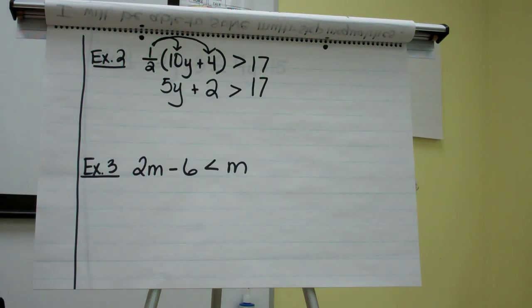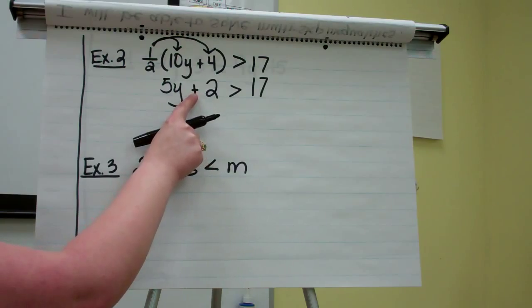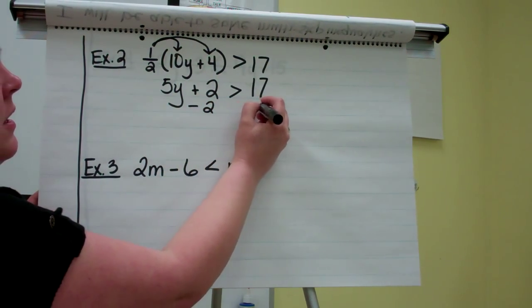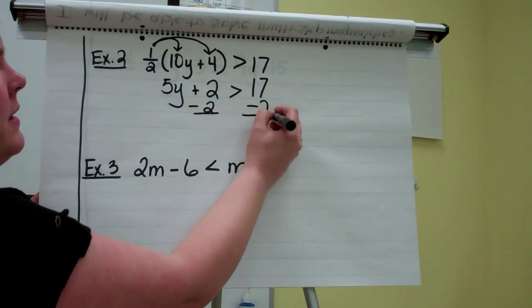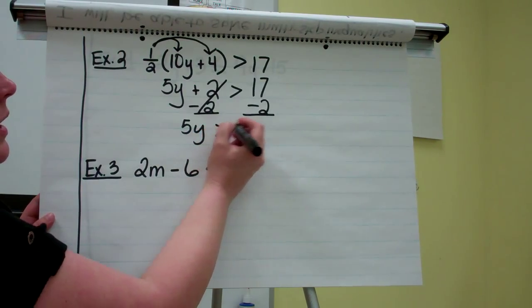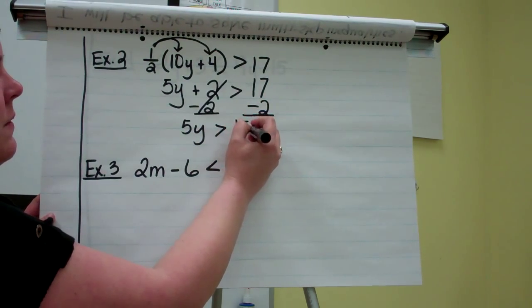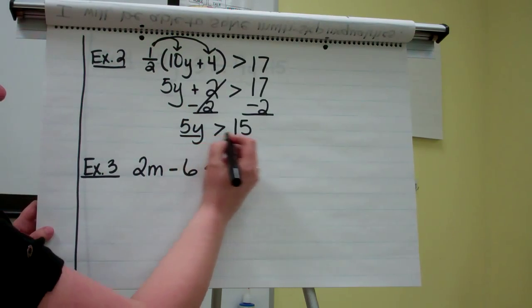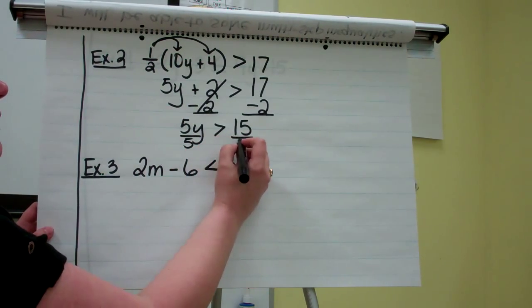Okay, so now I go in the reverse of order of operations. So I'm going to undo this part first. The opposite of addition is subtraction. So subtract 2 from both sides. That's a 0, so I have 5y > 17 - 2, which is 15. The opposite of multiplication is division.